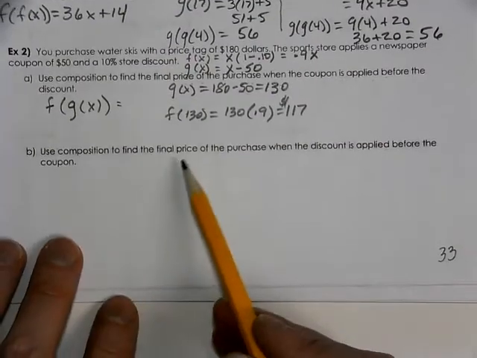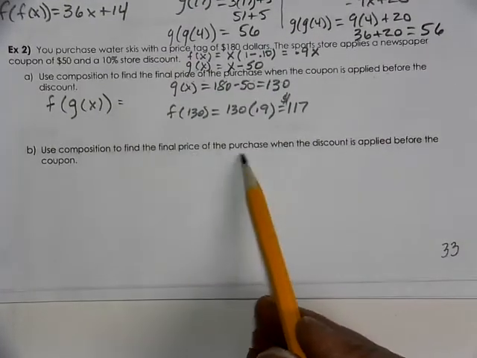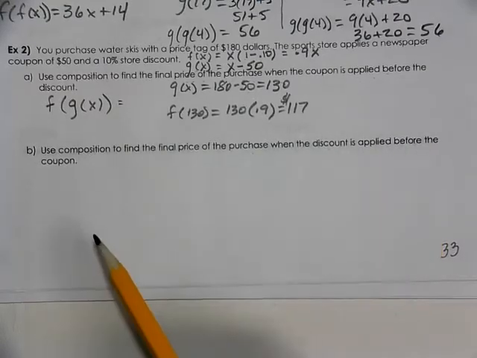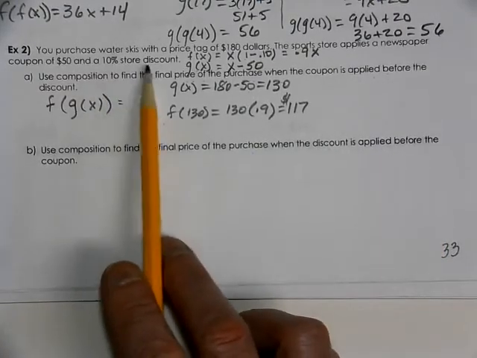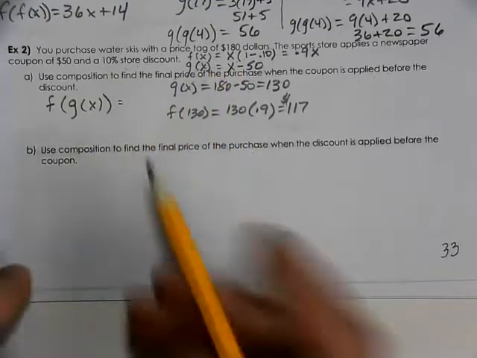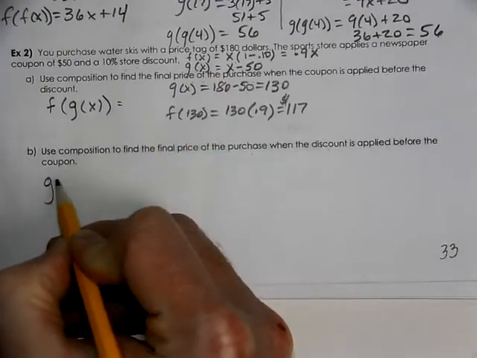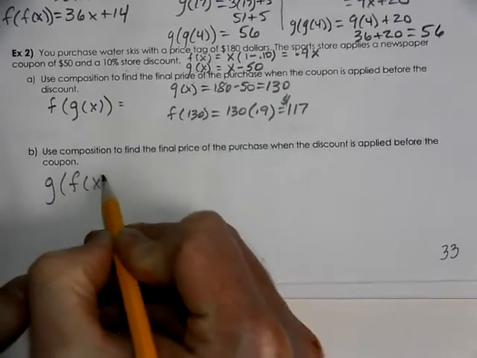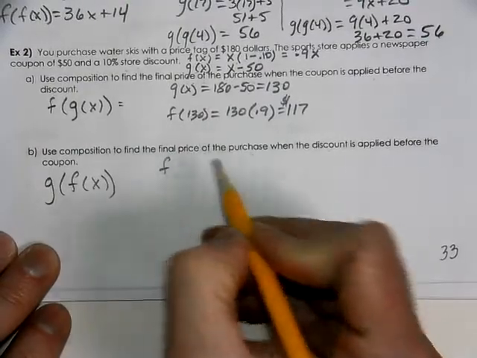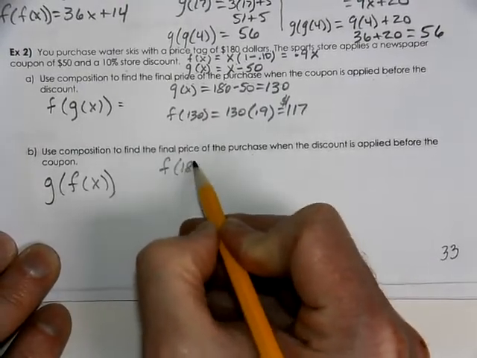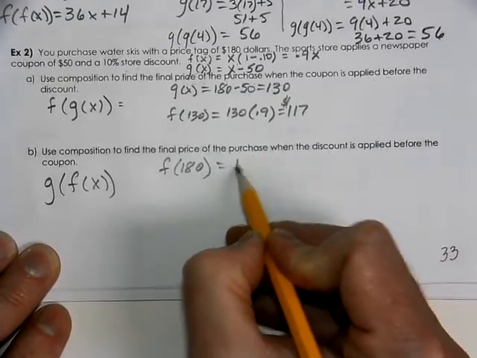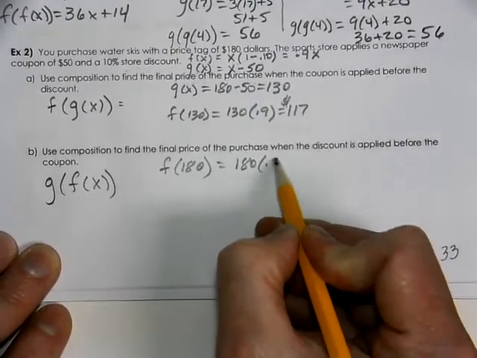Okay, use composition to find the final price of the purchase when the discount is applied before the coupon. The discount was the 10%. So this time, this is going to be g of f of x. So the f function, when your price is 180, you're going to do 180 times 0.9.